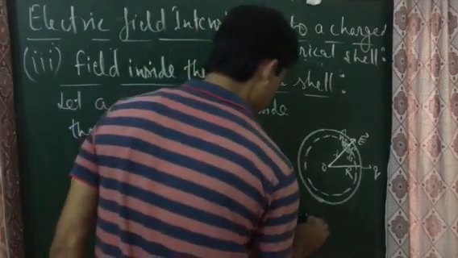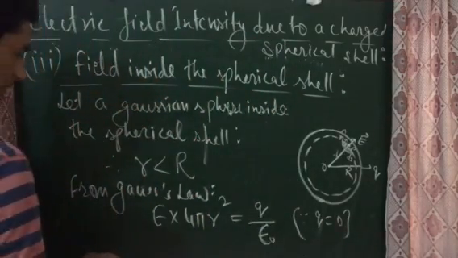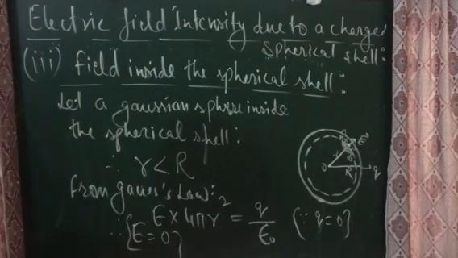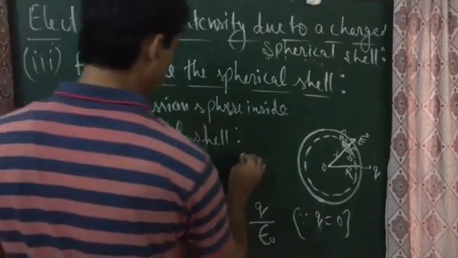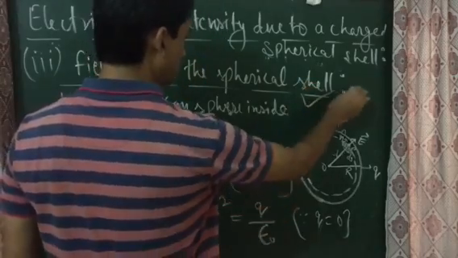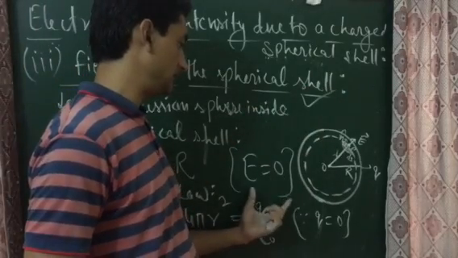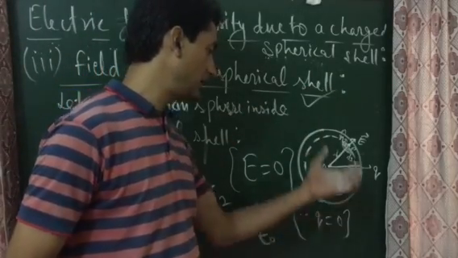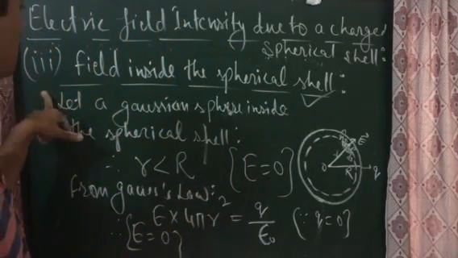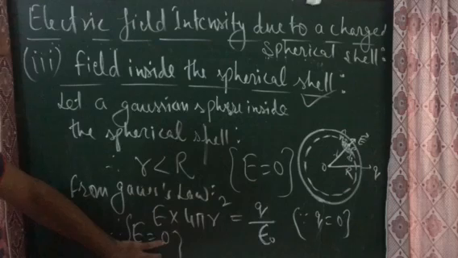So because q is 0, therefore electric field is 0. So electric field क्या होगी? Electric field is 0 in this case. Electric field inside the spherical shell is 0 because q is equal to 0. So this is the third important case of electric field inside the spherical shell.